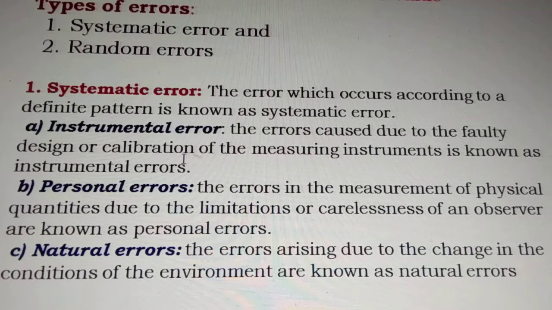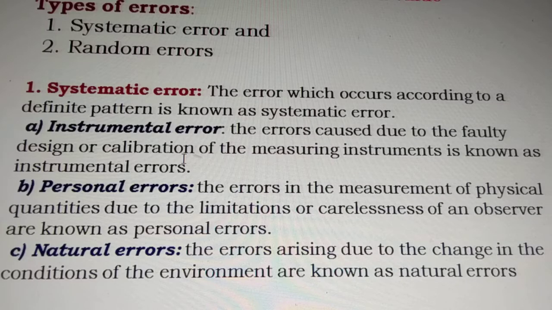And the last of its kind is called the natural error, the error arising due to the change in the condition or environment. Maybe the temperature changes, the pressure changes.